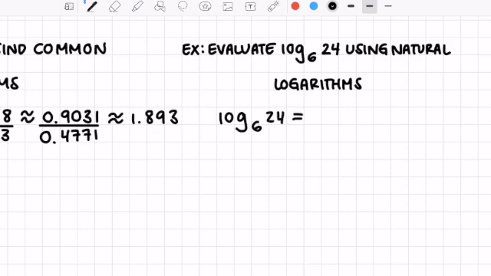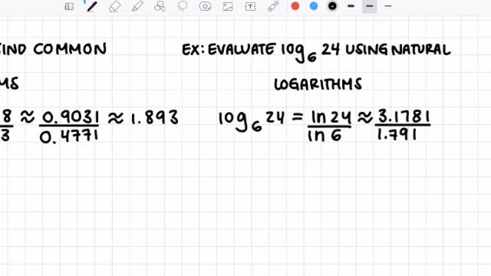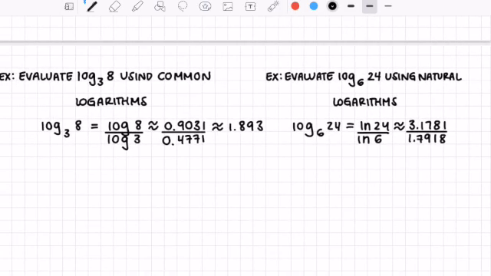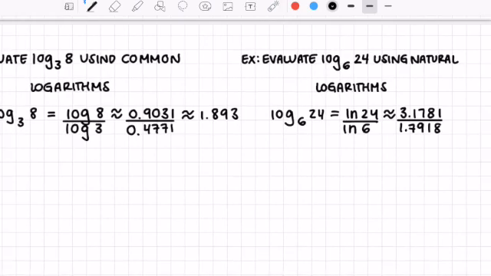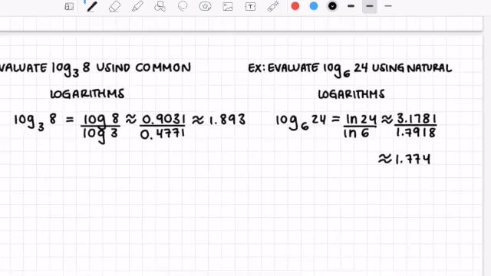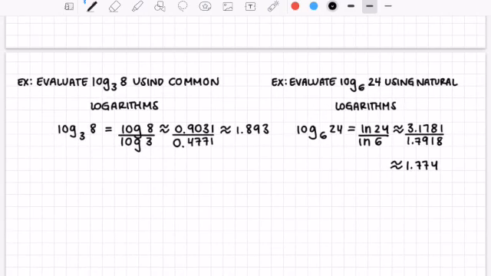I can separate them as ln 24 over ln 6. ln of 24 is 3.1781, and this is over ln 6, which is 1.7918. The last thing to do is divide, and when I divide, I get 1.774.